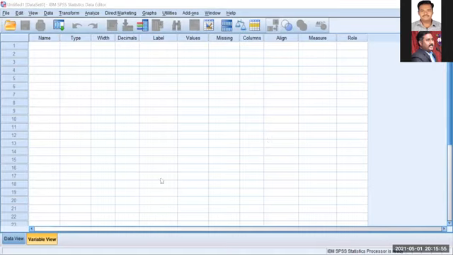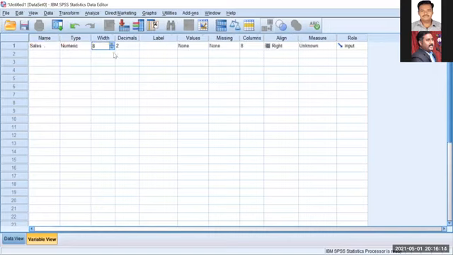Yes, you can view the SPSS window, right? Okay. Now we need to enter the data. So they've given us sales data 3, 4, 5, 10, 15, 20. Okay, 20 data they've given. So first we will write sales. Sales. That is numeric, and we don't have any decimal value.